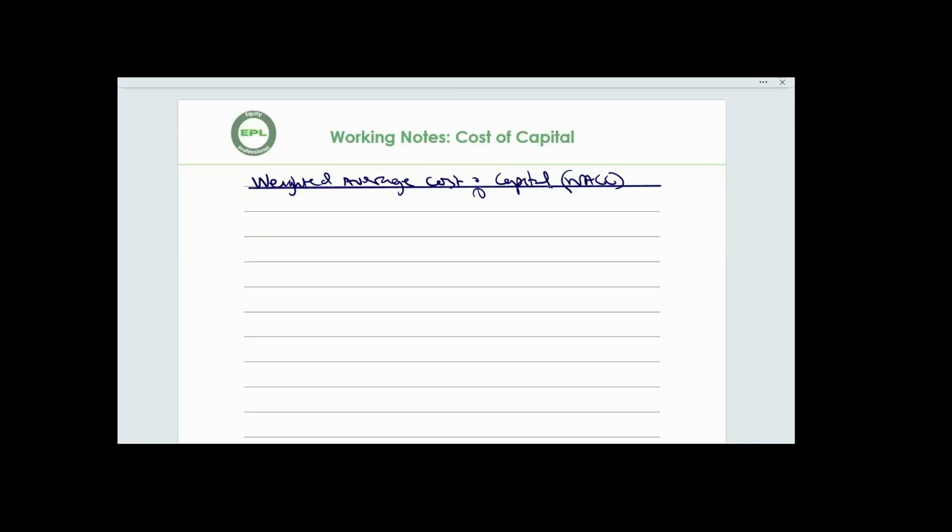So what do you understand by WACC? You can simply put: WACC represents the overall rate of return for a firm. It is the average cost of each source of finance weighted according to the proportion of the company's total pool of capital. Let me put it down.